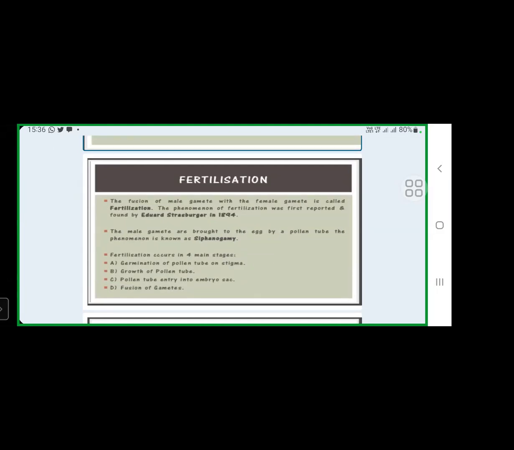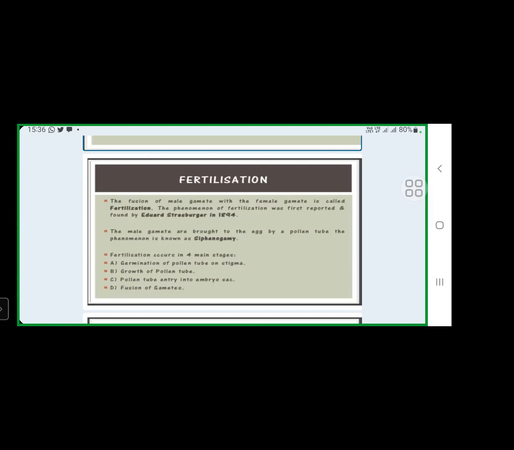It is very important from the entrance exam point of view. In this, the male gametes are brought to the egg by a pollen tube. The phenomenon is known as siphonogamy.